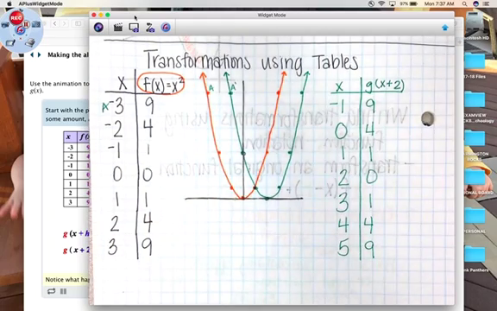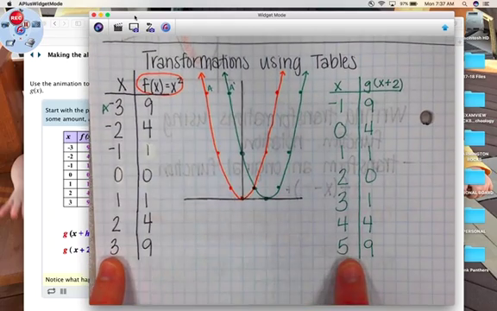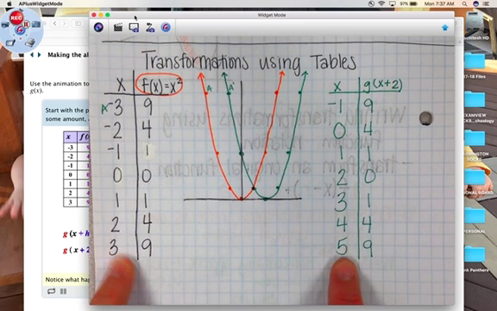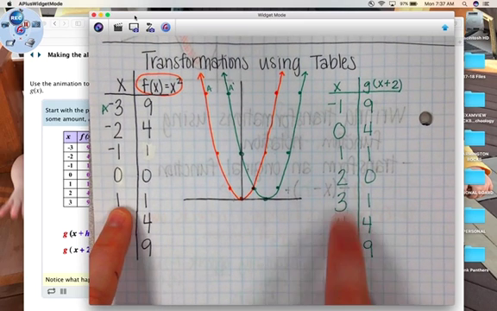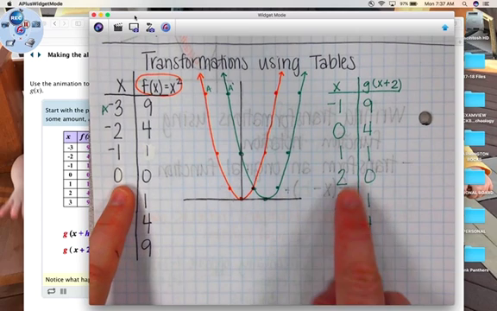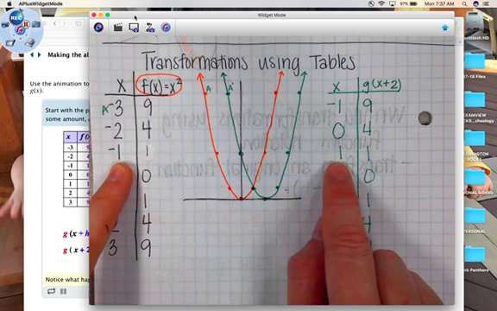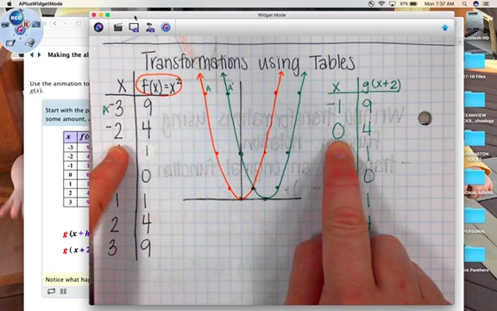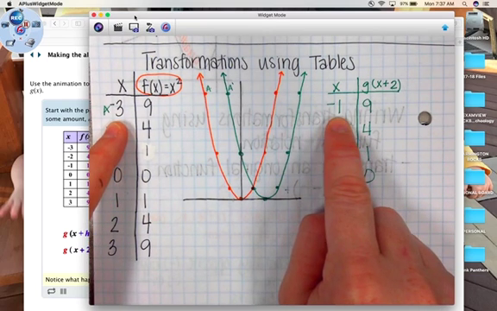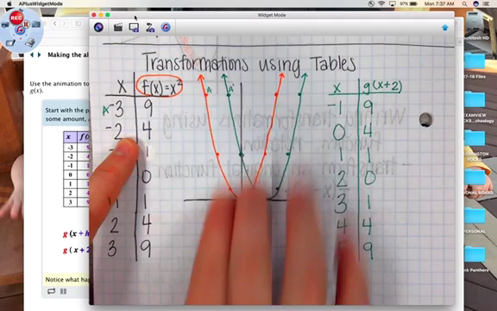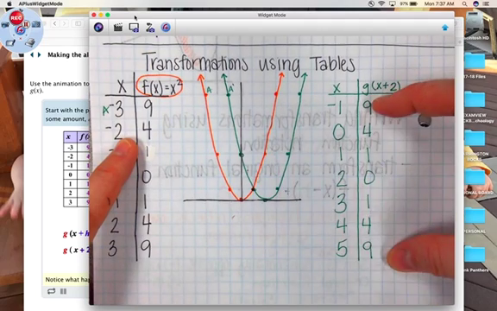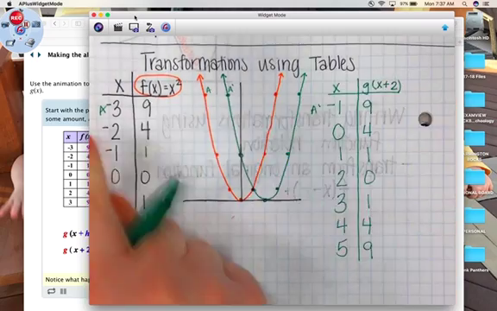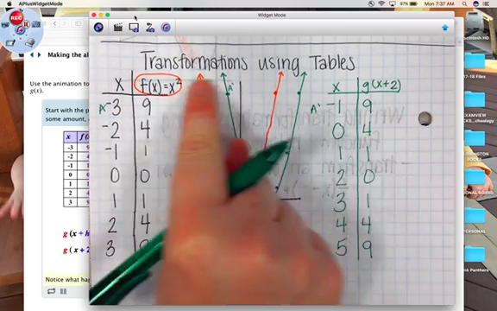Now, if you notice from here to here, the only thing that changed is the x value. So 3 plus 2 is 5, 2 plus 2 is 4, 1 plus 2 is 3, 0 plus 2 is 2, negative 1 plus 2 is 1, negative 2 plus 2 is 0, negative 3 plus 2 is negative 1. It did not shift up or down any. So this is A prime. A and A prime are just these points over here.